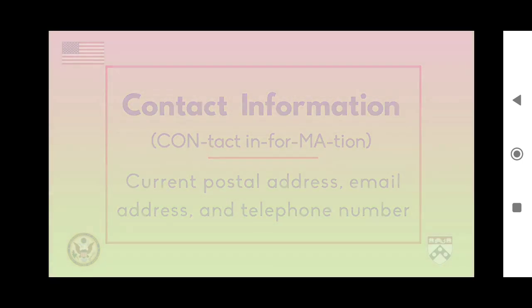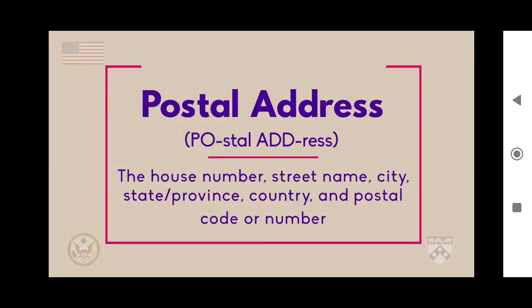The postal address is your official location where an employer can send you information. Your postal address is your house number, street name, city, state or province, country, and postal code or number.